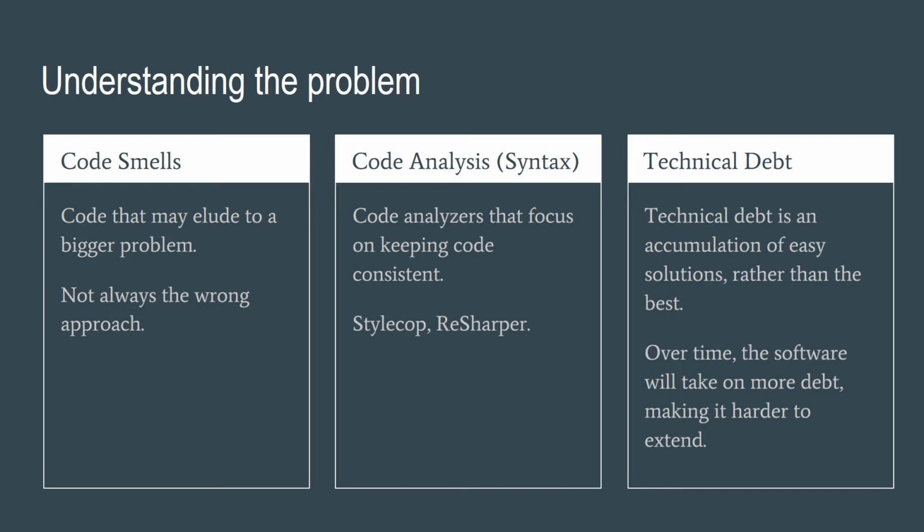You can have a large method. You can have a variable that's just not named correctly, or just code that doesn't look right. And it's a tricky area because not all code smells are necessarily the wrong approach.